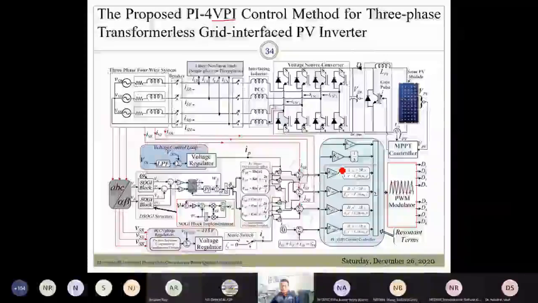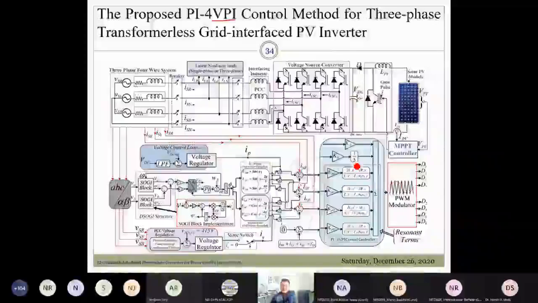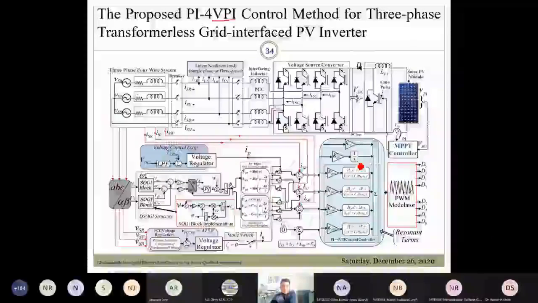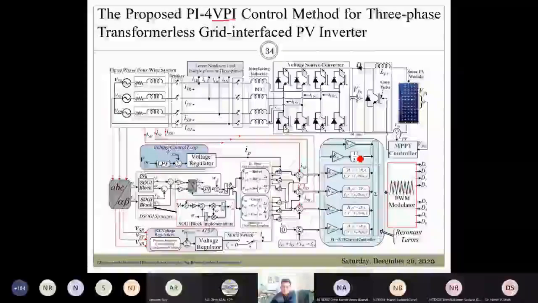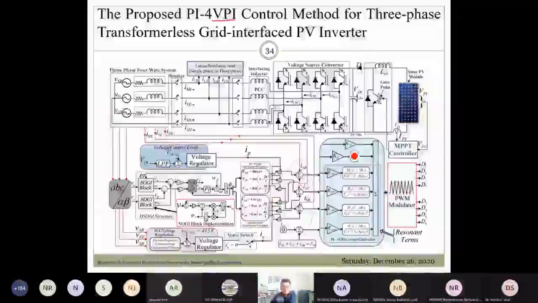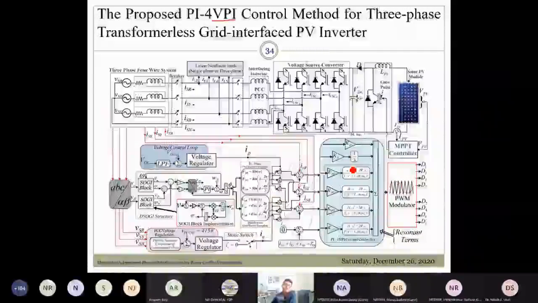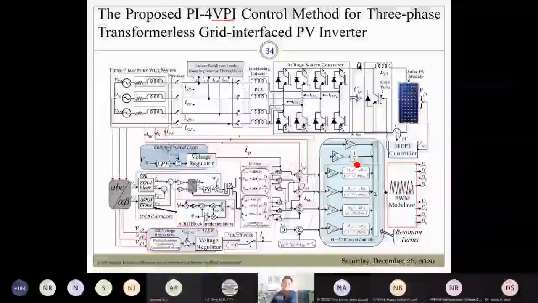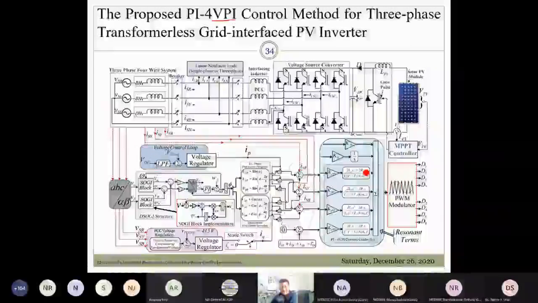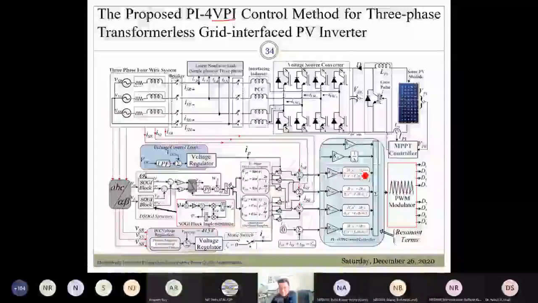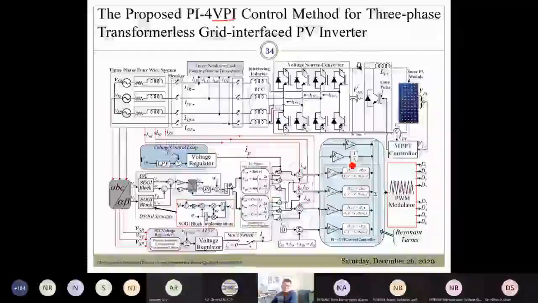If you want to introduce infinite gain at 50 hertz, you can simply tune the PR controller at 50 hertz, and when a 50 hertz signal is detected at the input, it offers an infinite gain. Offering infinite gain means rejecting the 50 hertz error component, and thereby it minimizes the steady state error.